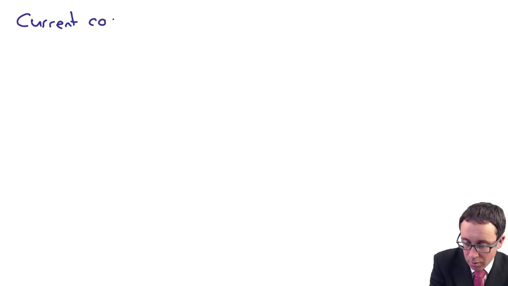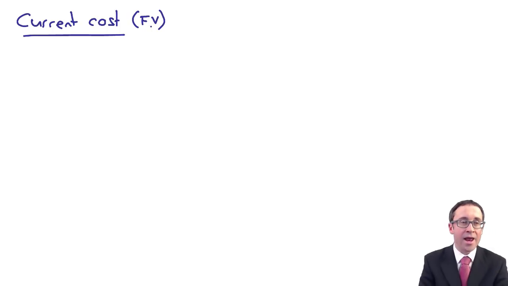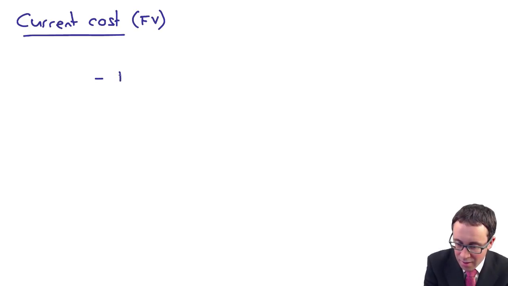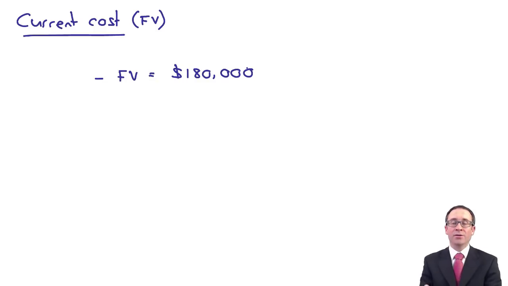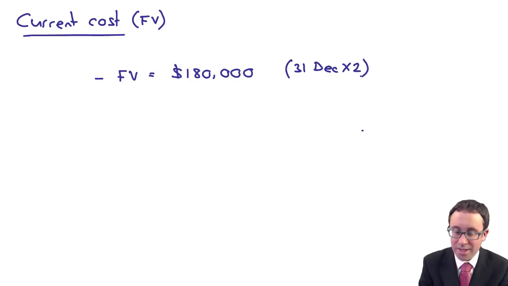What happens, however, if we're looking at your current cost? Here we are looking at the asset at fair value. Let's just say that the fair value after 2 years is £280,000. That's what someone would be prepared to pay for this item of property, plant and equipment on the 31st of December 20X2.